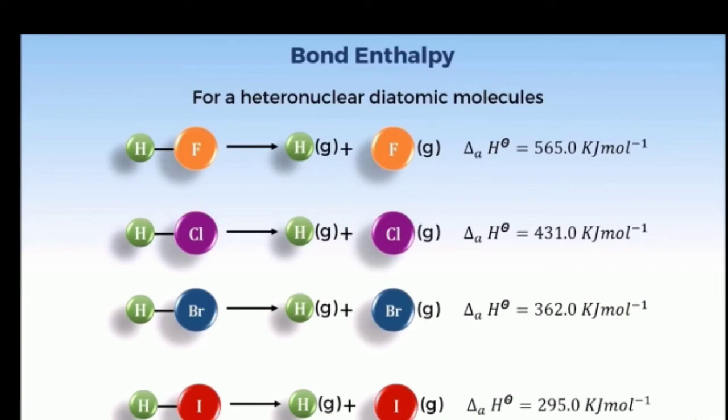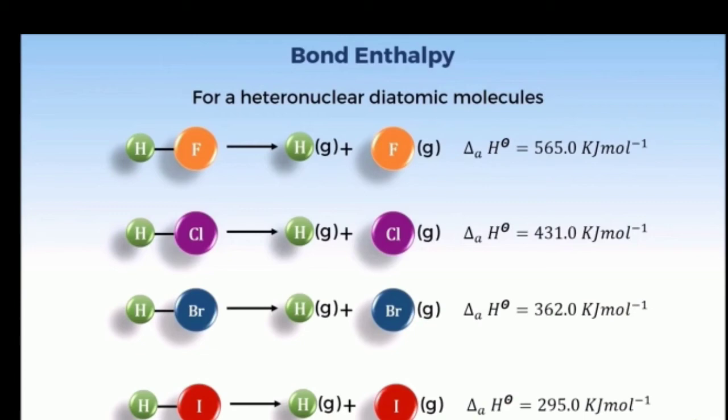Then it becomes hydrogen gaseous atom and fluorine gaseous atom. Then HCl, bond enthalpy is 431 kilojoule per mole, and HBr, bond enthalpy is 362 kilojoule per mole, and that of hydrogen iodide, the bond enthalpy is 295 kilojoule per mole. That is, from HF to HI, bond enthalpy gradually decreases.